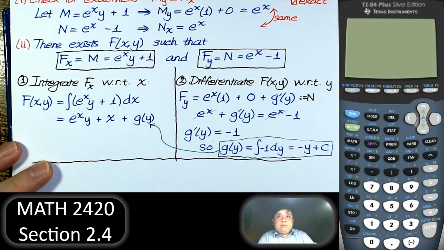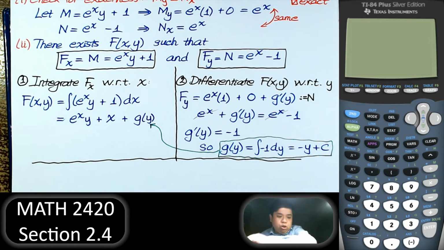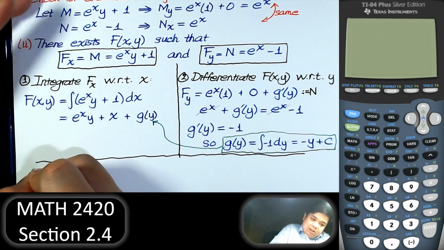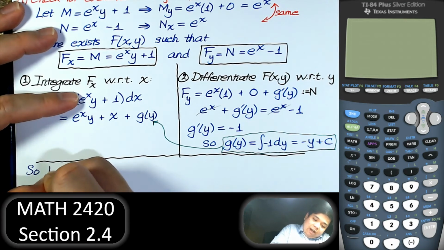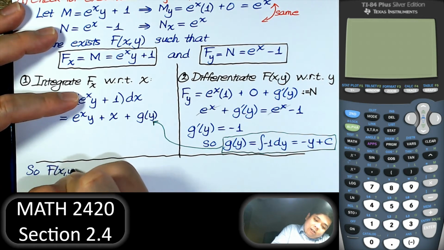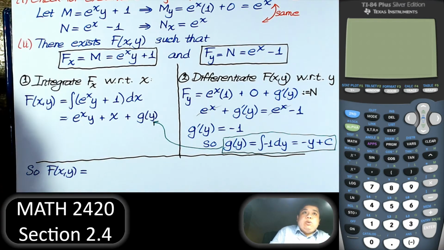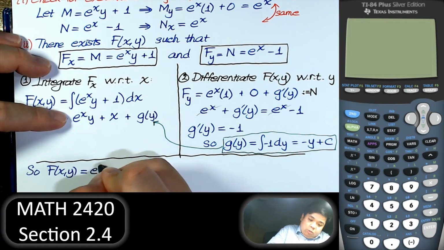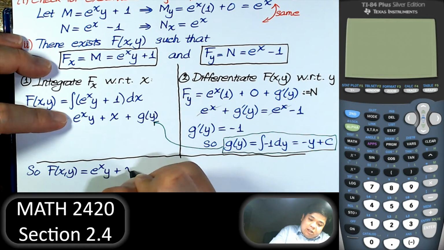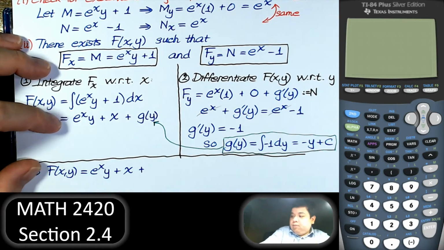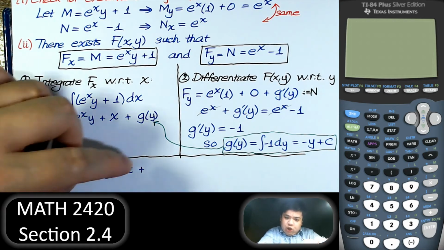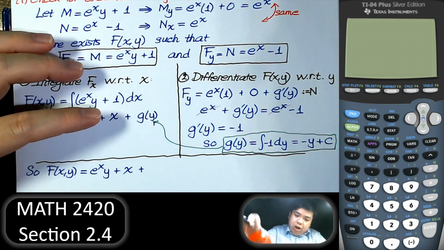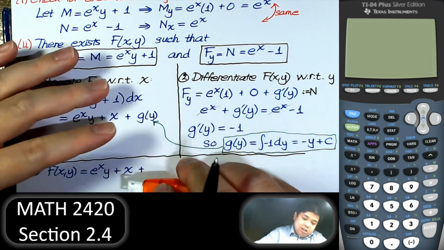Right. So the solution is f of x, y equal to e to the x times y plus x plus g of y. g of y is negative y plus c.